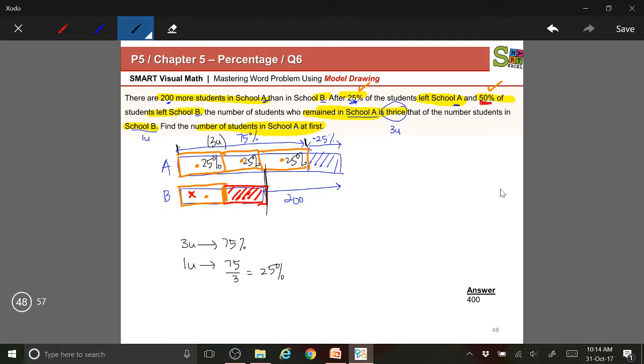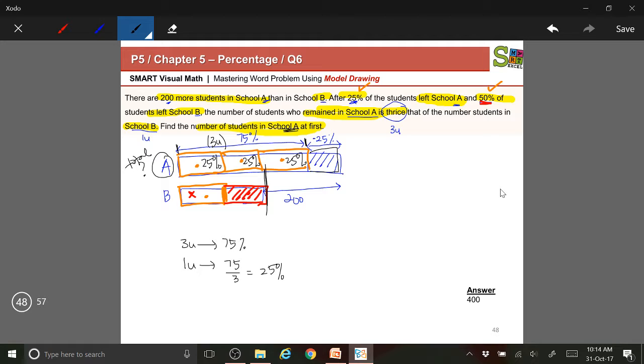Because they asked to find the number of students in A at first, means they asked to find this A all together, the total. So what we see here is 2 units, I mean 25% plus 25%, right?